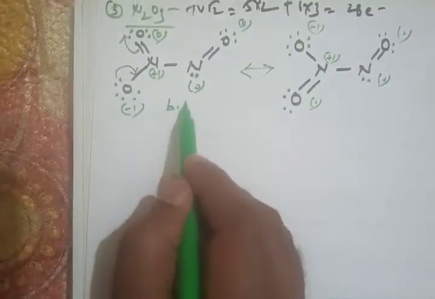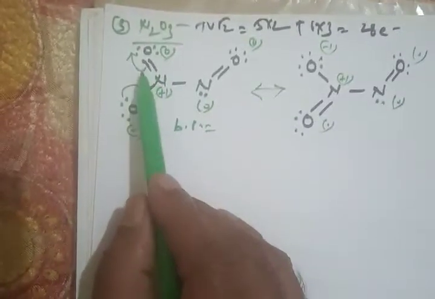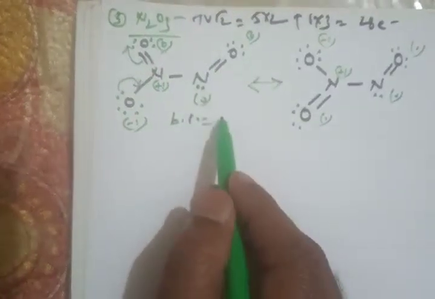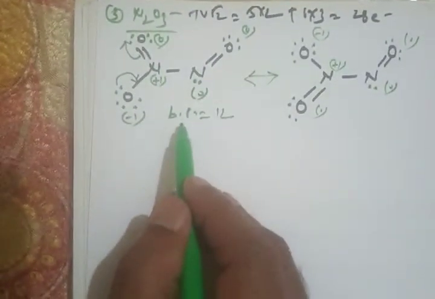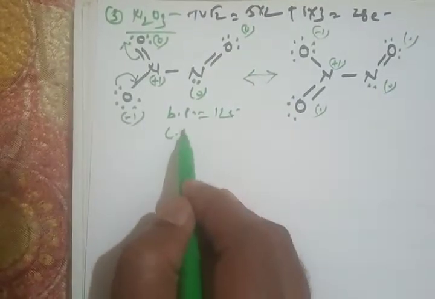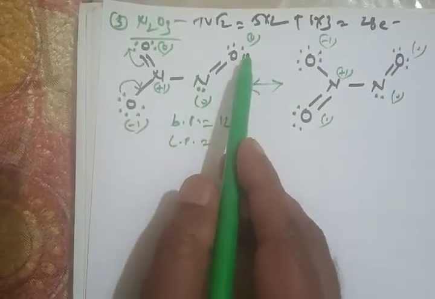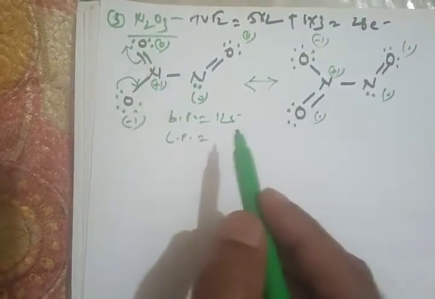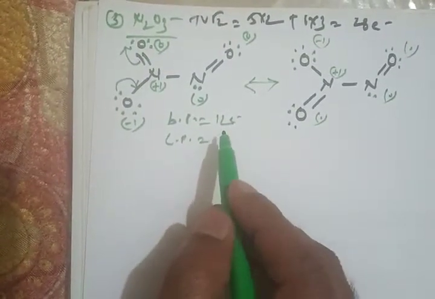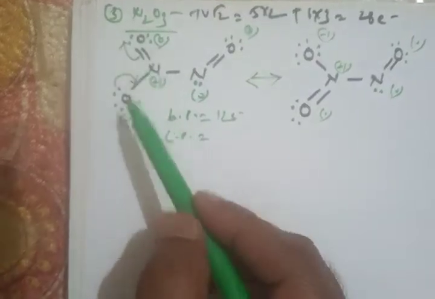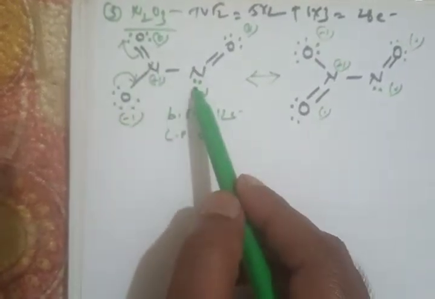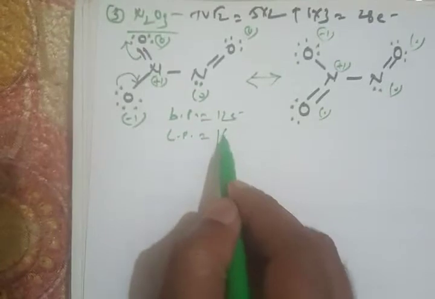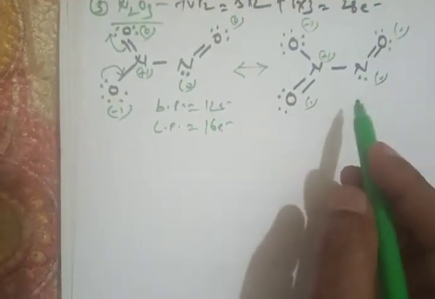Okay, and if you calculate the bond pair and lone pair, this will also give you the same. Bond pair in this case is 1 2 3 4 5 6, so the total bond pair is 12 electrons. Lone pair: 4, then 2 is 6, then 6 is 12, and then 4 is 18. So 4, 6, 10, 12, 16, so the total will be 18.